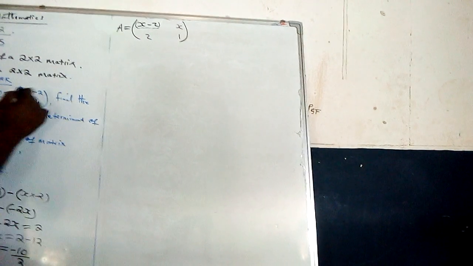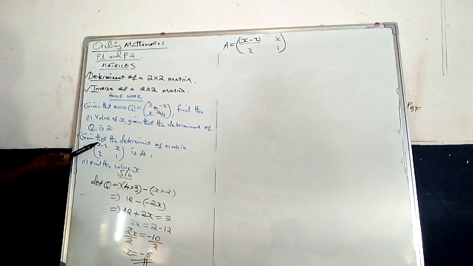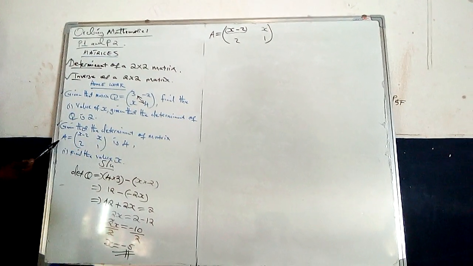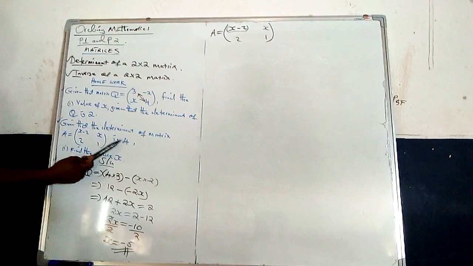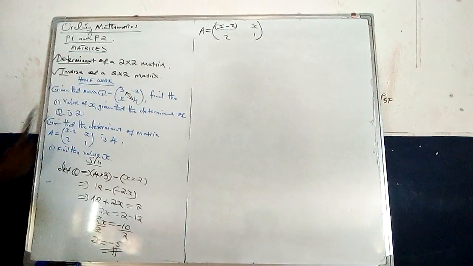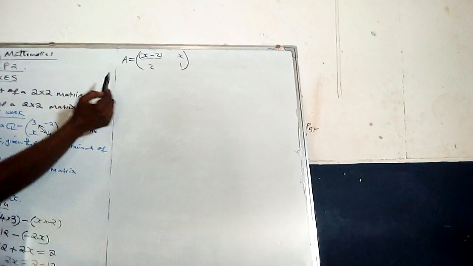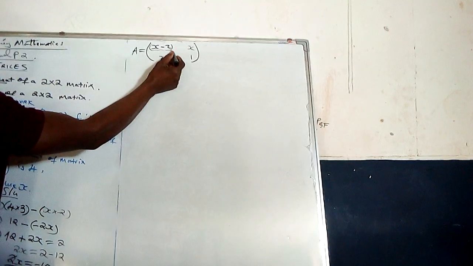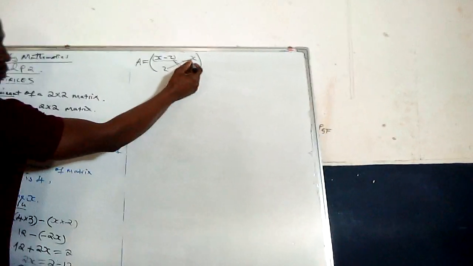Once that is done, you go back to the question. The question says, given that the determinant of matrix A is 4, find the value of x. So this question is similar to this one. So we do the same thing here. We're going to find the expression for finding the determinant.